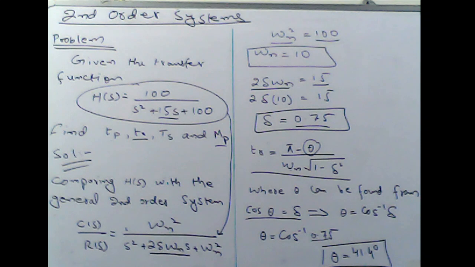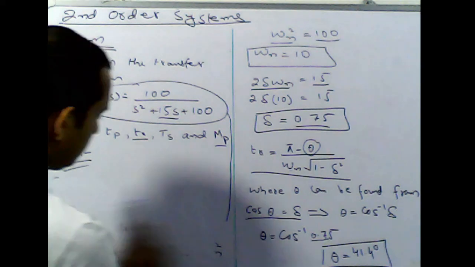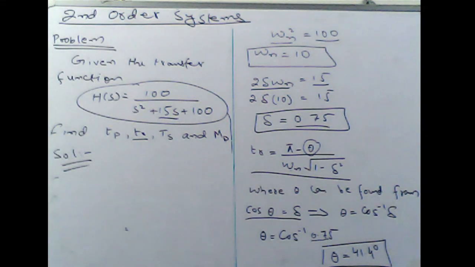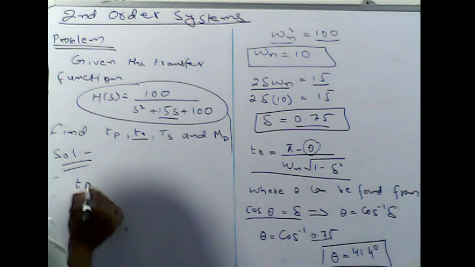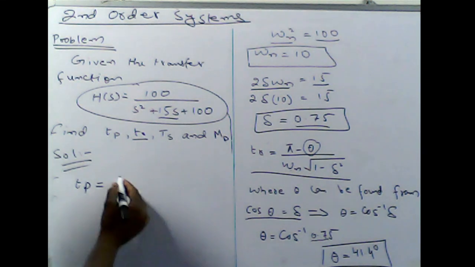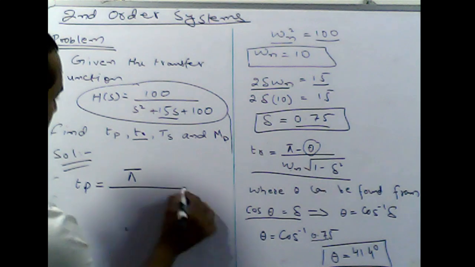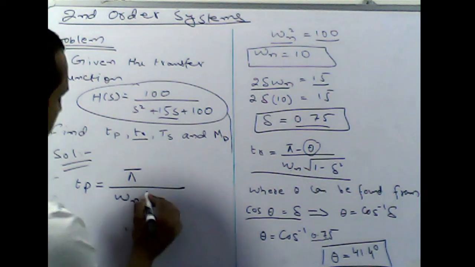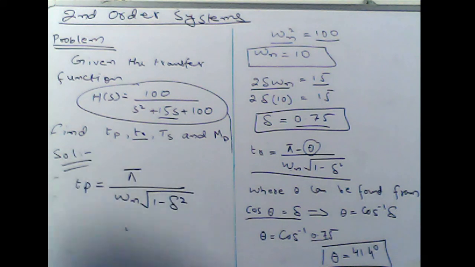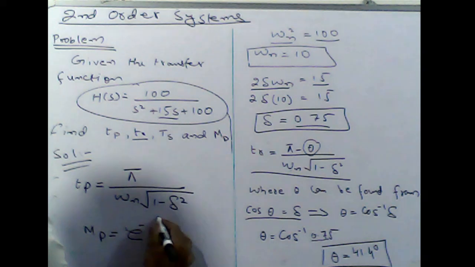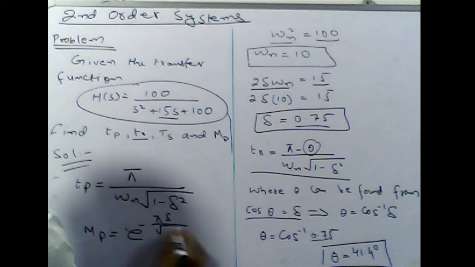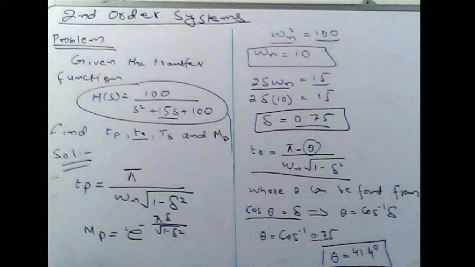The next thing that I am giving you as homework is to find out Tp, which is equal to pi upon omega n under root 1 minus zeta square. Then you also have to find out Mp, which is equal to e raised to the power minus pi zeta upon under root 1 minus zeta square.